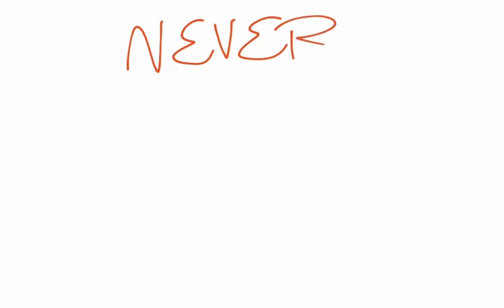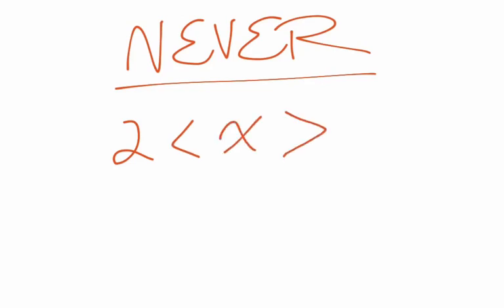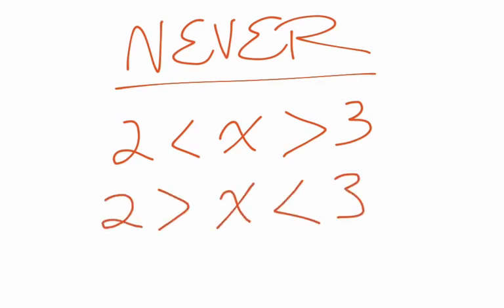Here's a couple things that should never happen. You should never, ever in a compound inequality have your symbols flip-flopped. I'll see that sometimes. They should always be facing exactly the same direction, preferably less than, but you should never have one less than and one greater than.